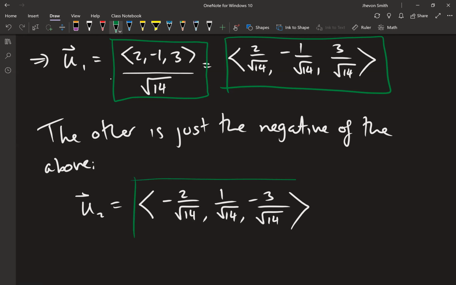And those are the two unit vectors. You do this or that. And those are unit vectors.